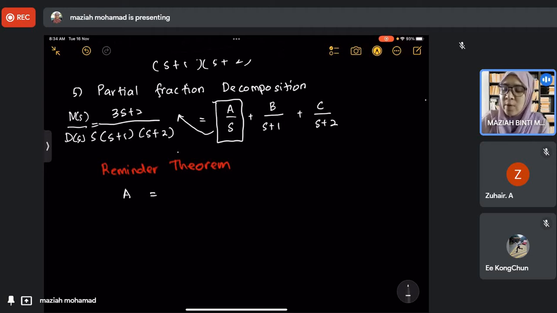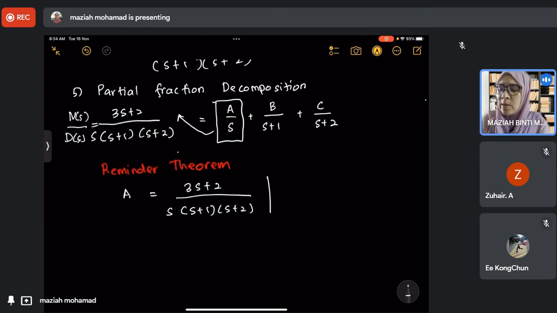Therefore we have (3S + 2) divided by (S + 1)(S + 2), where we consider S equal to 0, because based on the term here, S minus 0. So S equal to 0.